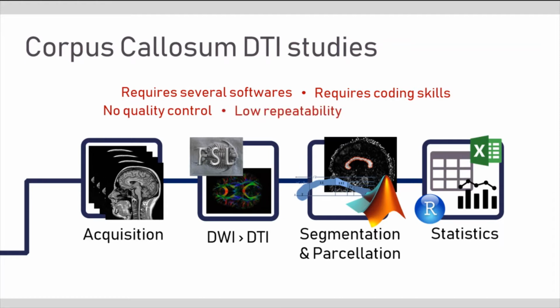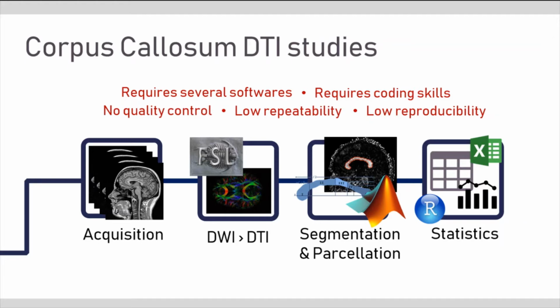There is low to non-repeatability and reproducibility due to the use of different programs and scripts, leading to unreliable studies. And finally, the final data is only looked at as numbers, but there's not a practical platform to check visually for abnormalities in the DTI.